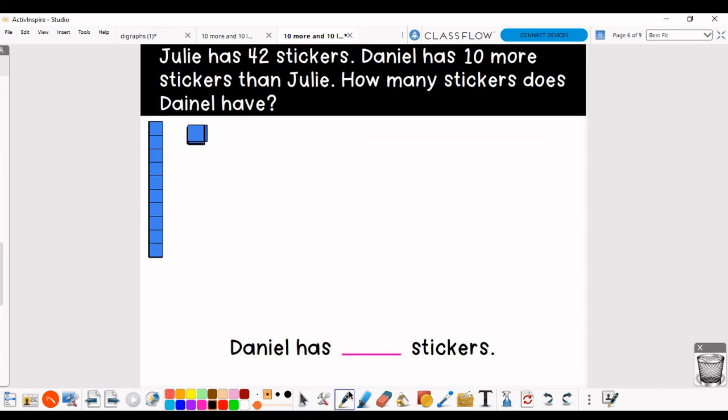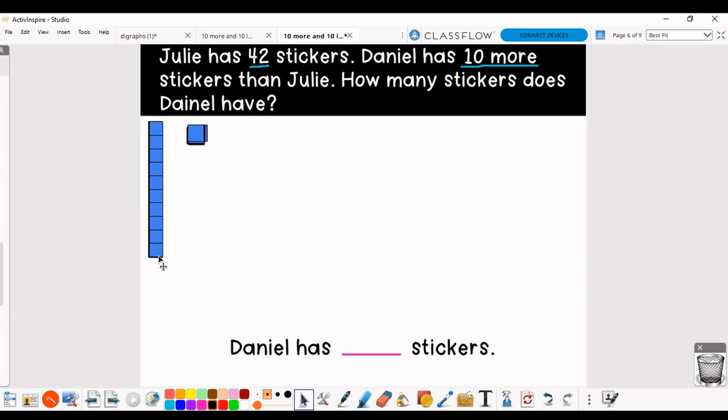So first, I need to underline how many stickers Julie has. She has 42. And now I need to underline if we're finding 10 more or 10 less. It says Daniel has 10 more stickers than Julie. So I am finding 10 more than Julie's stickers.